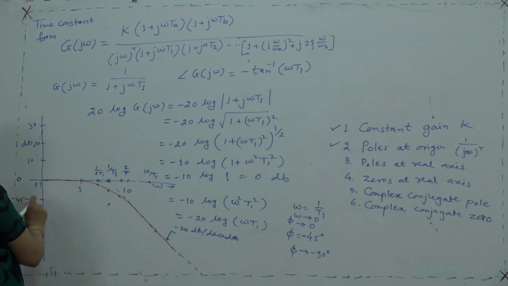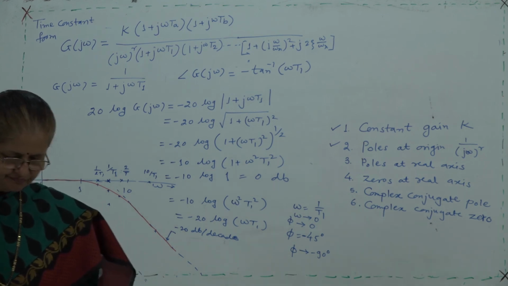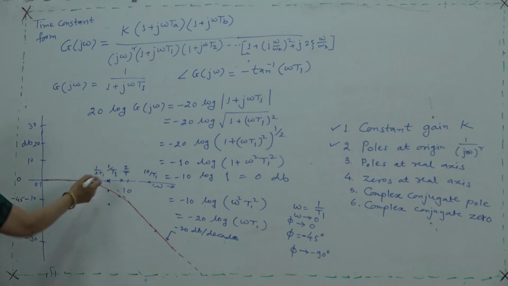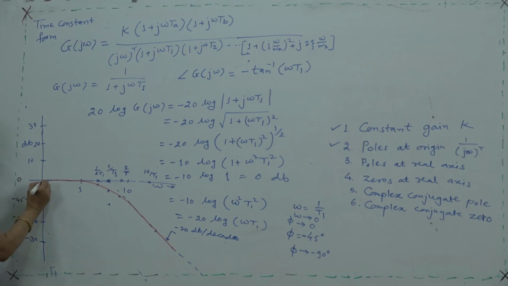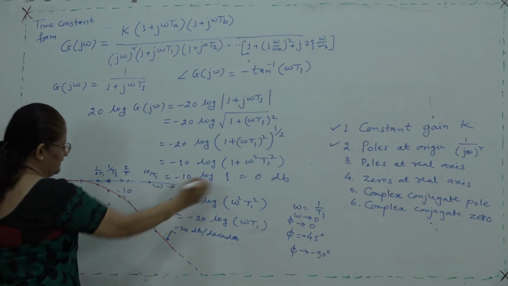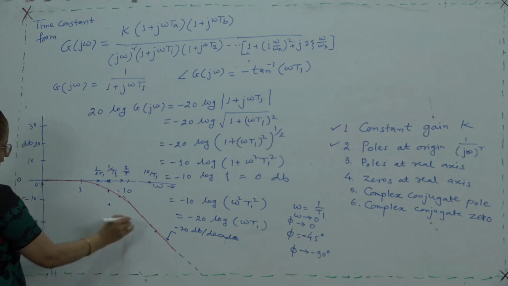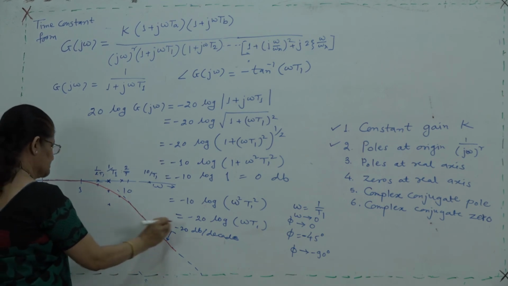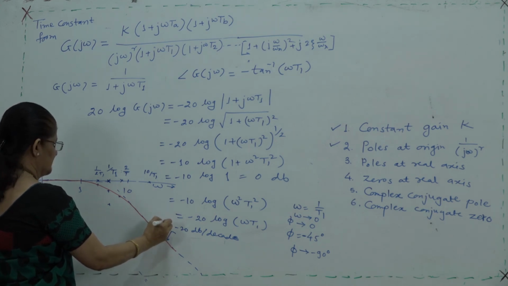As omega is going towards 0, the angle is going towards 0. So, at point 1 it is not 0, you will not get 0 angle, but some angle here. The actual angle you can calculate by substituting omega as 0.1. And as you are going away from 1 by T, the angle will be going towards minus 90 degrees. It is not minus 90 degrees, but it is towards minus 90 degrees.